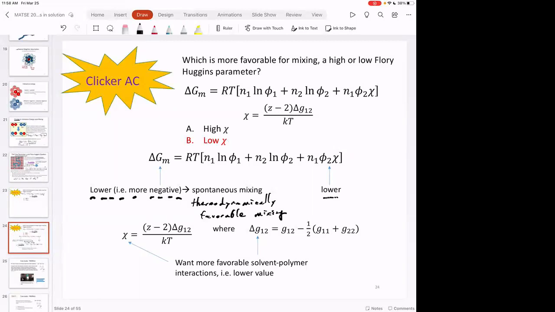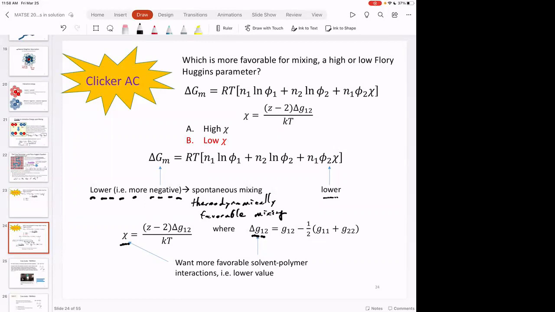And so if we want a lower Chi, or if we want more favorable mixing, we need to look for these low interaction parameters. And so when you talk about polymer mixing, this describes the idea of like dissolves like, right? So if you have very similar intermolecular interactions to your cross terms, or your intermolecular interactions between your polymer and your solvent, Chi is going to be very low.